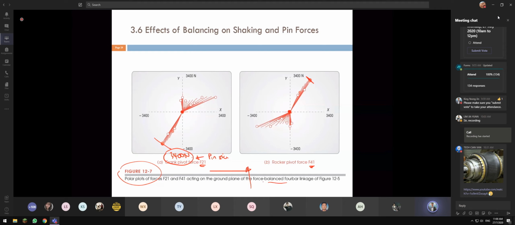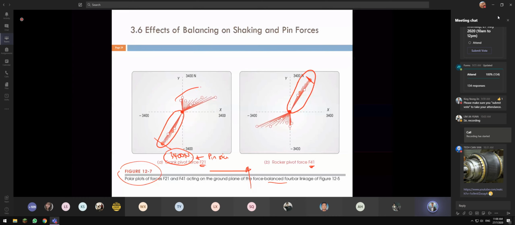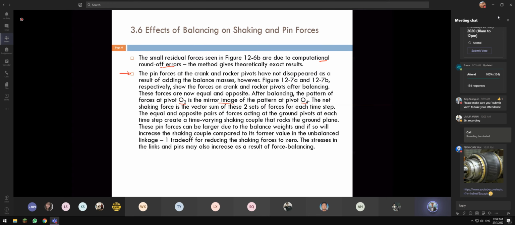So what it means here is at this angle, this force will be balanced by this force. So when we calculate the overall force, it will be 0. This part will be countered by that. Right? But it means that the pin force is still very high after the balancing.